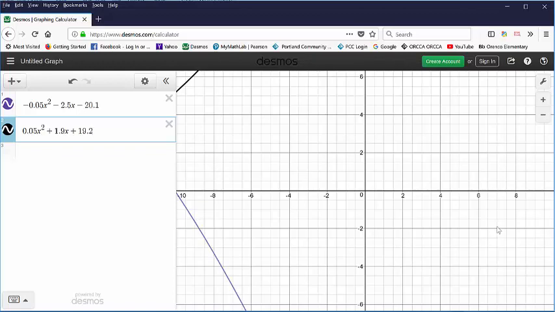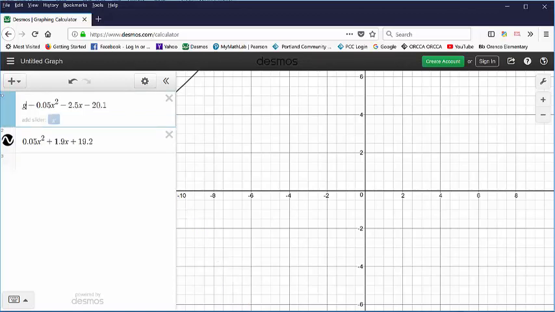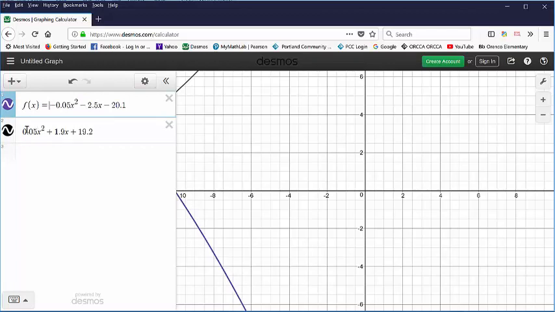We want to know where the first one that we entered is below the second one. And it actually might help if we define these. Maybe we could call them f of x and g of x, for instance. And then that might help us with the inequality later.